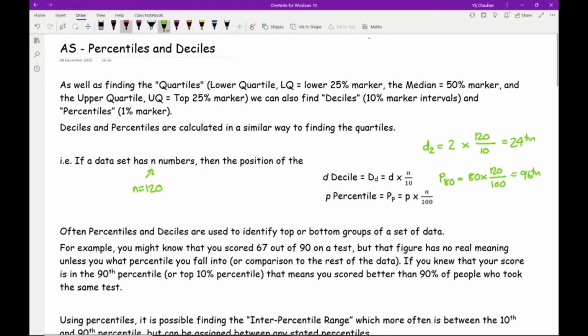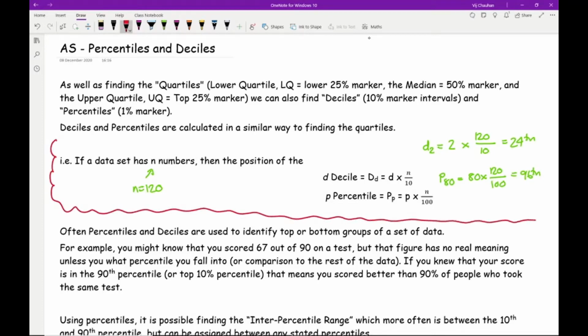Now this is certainly something that I would definitely make a note of, along with everything else you can see on the screen. The key thing is that those formulas won't tell you the actual values of the percentiles and deciles, they will purely tell you what position those numbers are in the list of data that you've got.